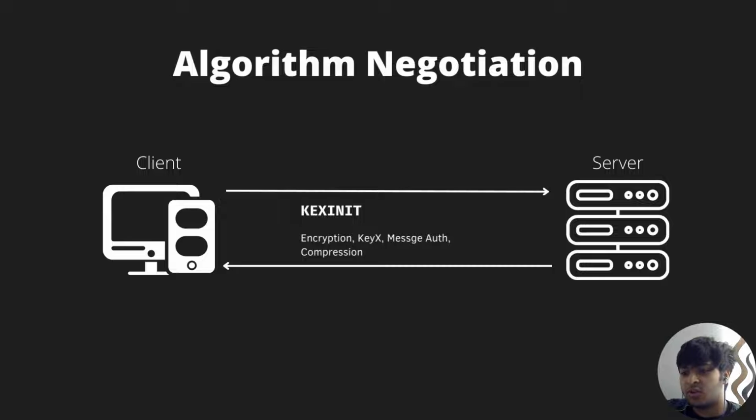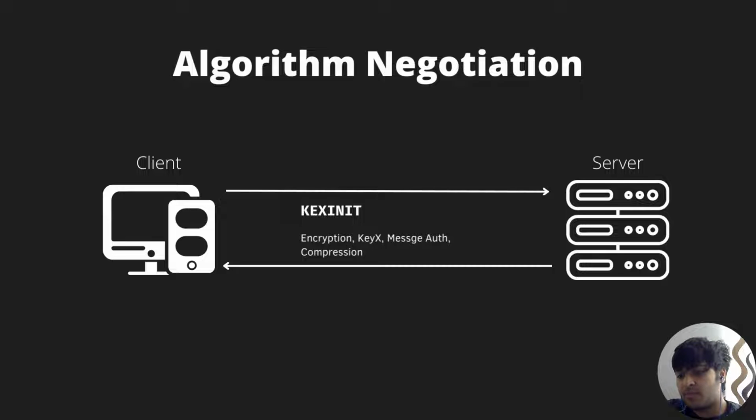The algorithms on the client list are sorted in order of preference, so the topmost algorithm on the list is the most preferred one by the client. Then, the server responds back with the same key exchange initialization message telling the client about the list of supported algorithms.